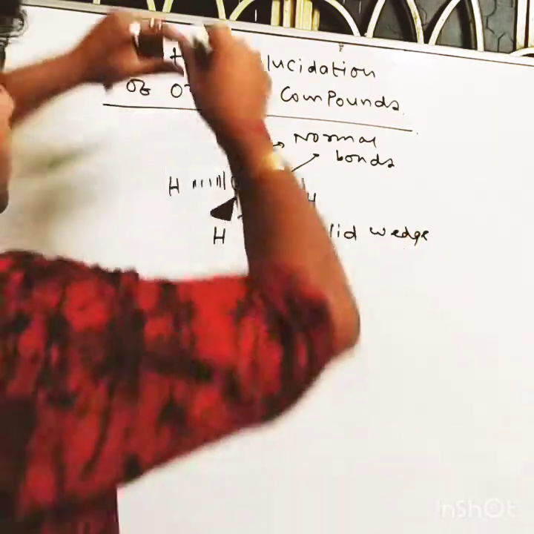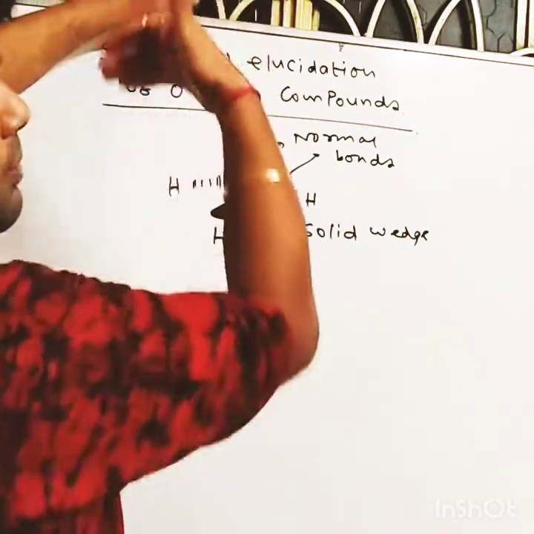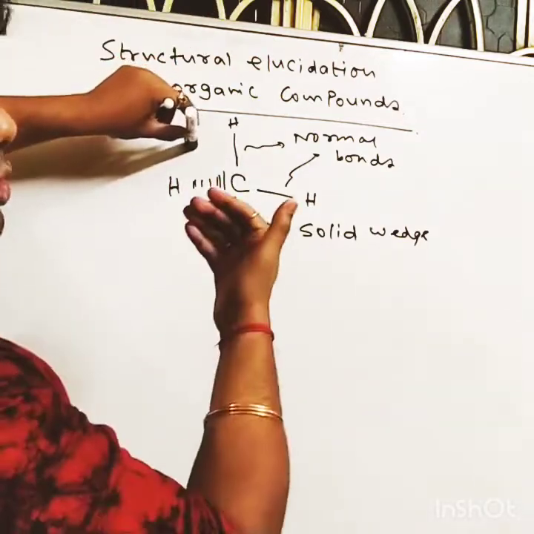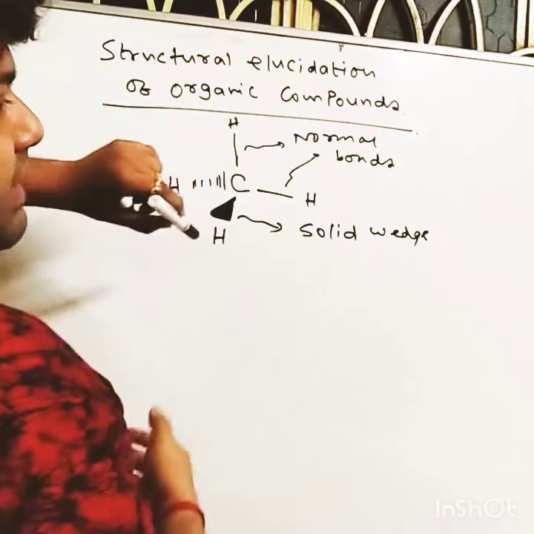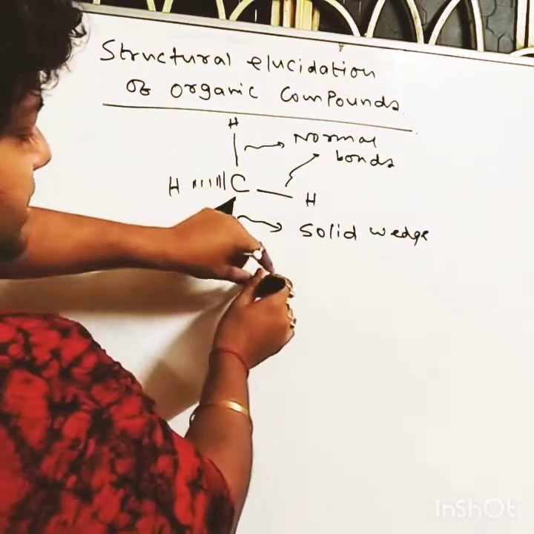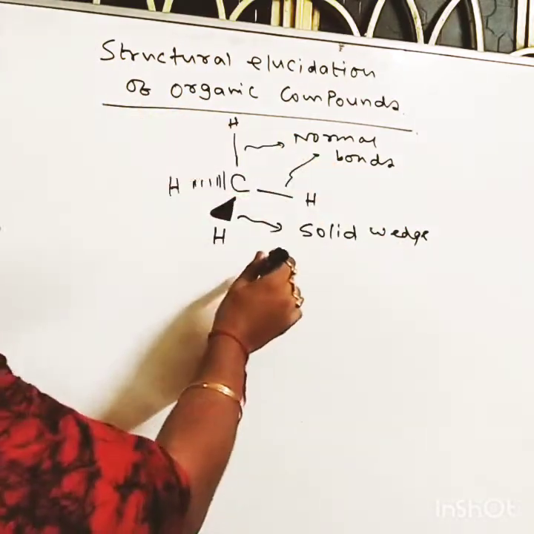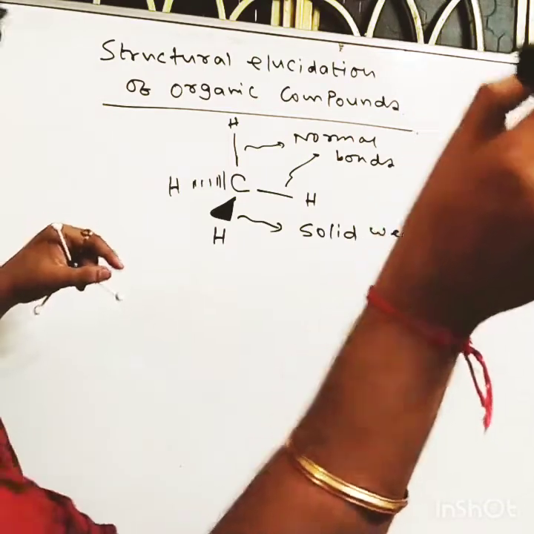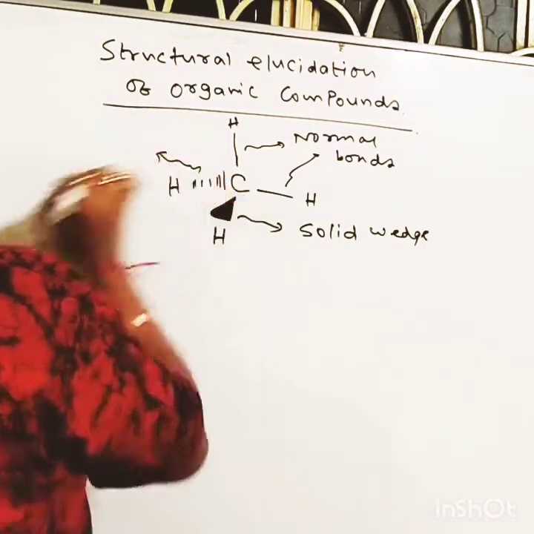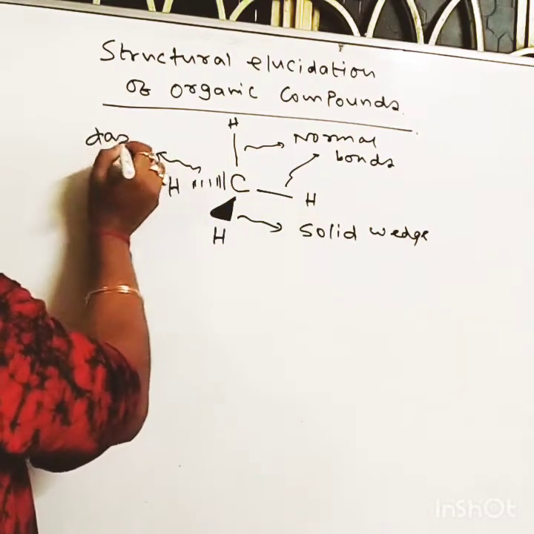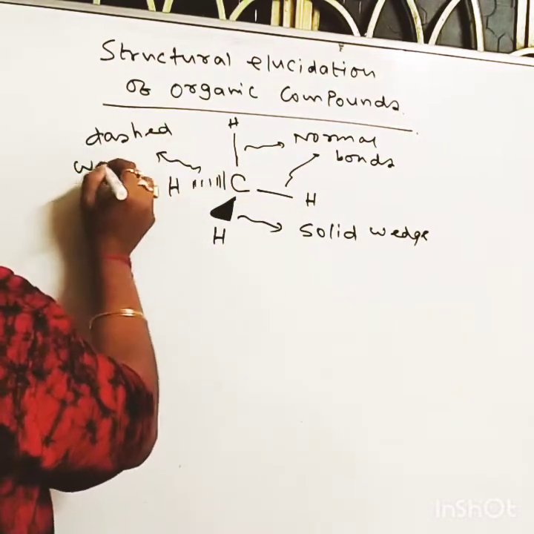And if I put this away from or behind the board, it will be outside this plane, so you will not be able to see that. But if I make it this way, it will be coming towards you, as if it is trying to hit you, isn't it? So this is a solid wedge, and this one which is going behind the plane, my dear students, is called a dashed wedge.